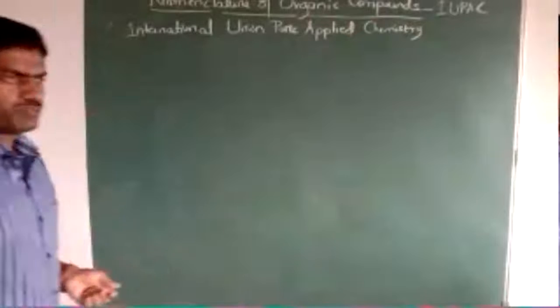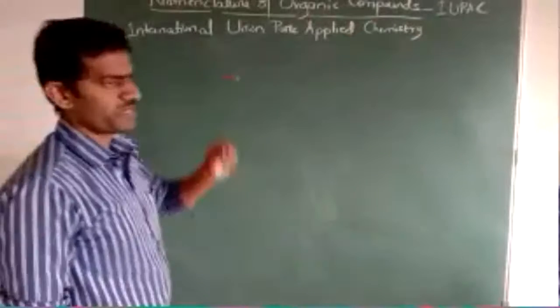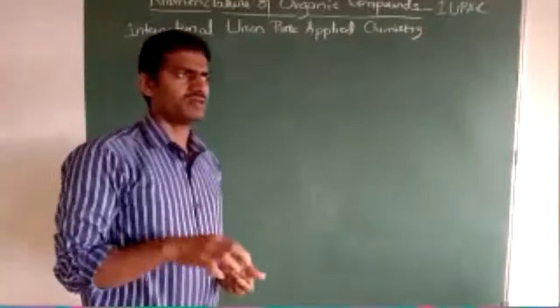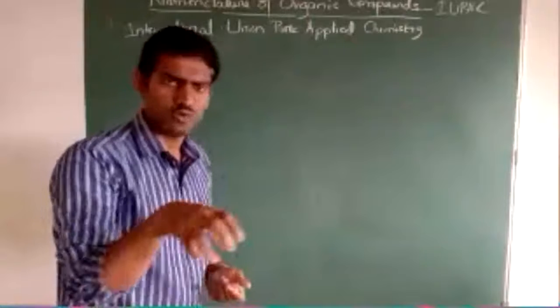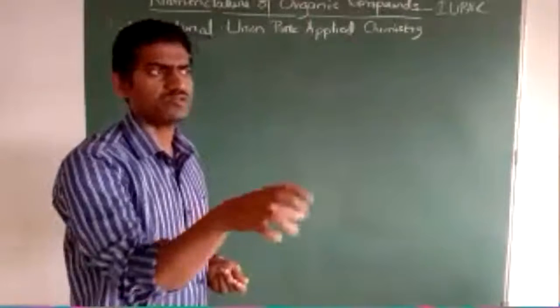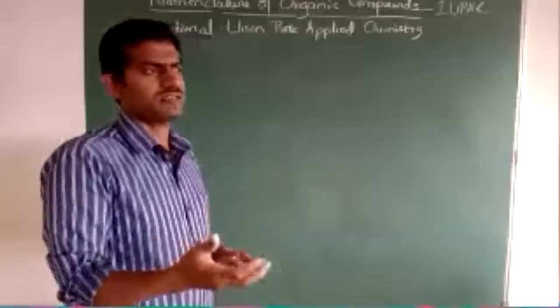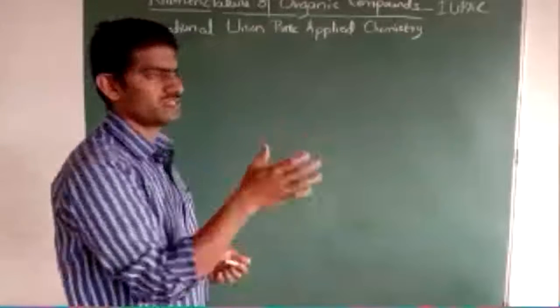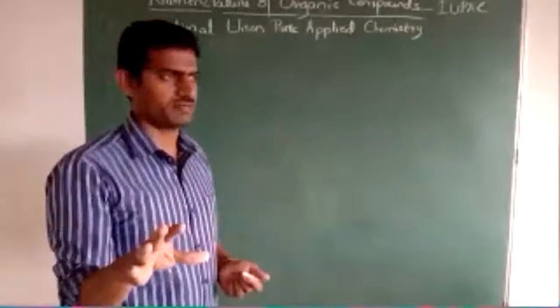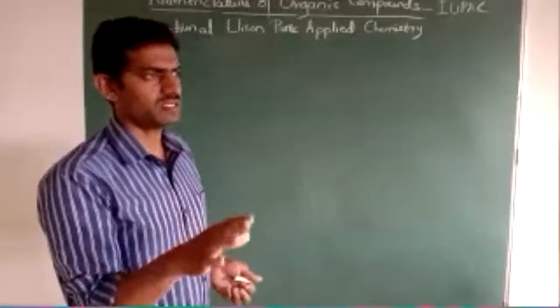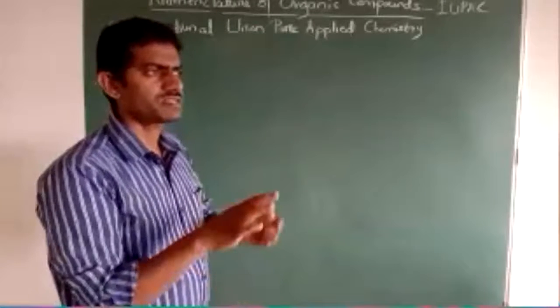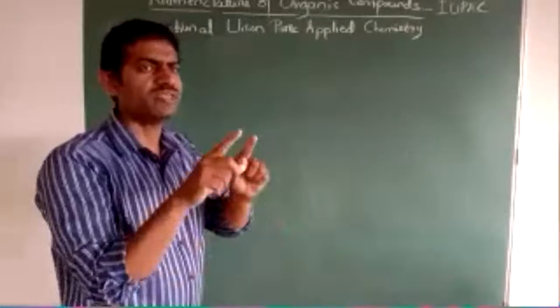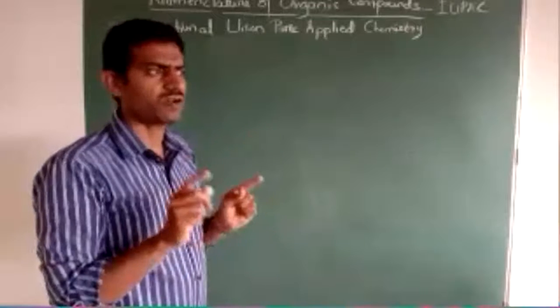Before this IUPAC system, they used to give names based on their source or origin. But after that, some scientists did not agree. Whatever names were being given were wrong, totally wrong. So some scientists thought to make rules for naming organic compounds.